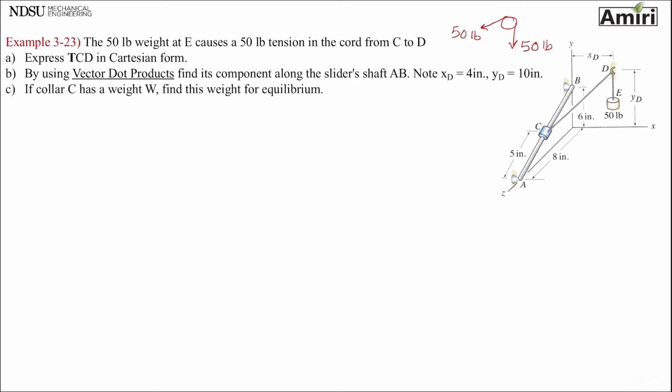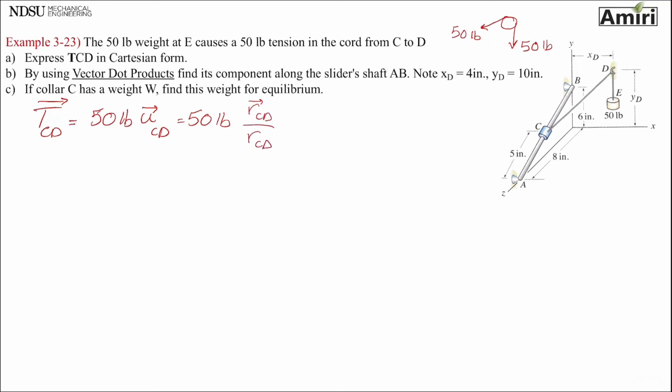So my TCD in Cartesian vector form is the magnitude times the unit vector of CD. It is the position vector CD divided by the magnitude of that position vector.